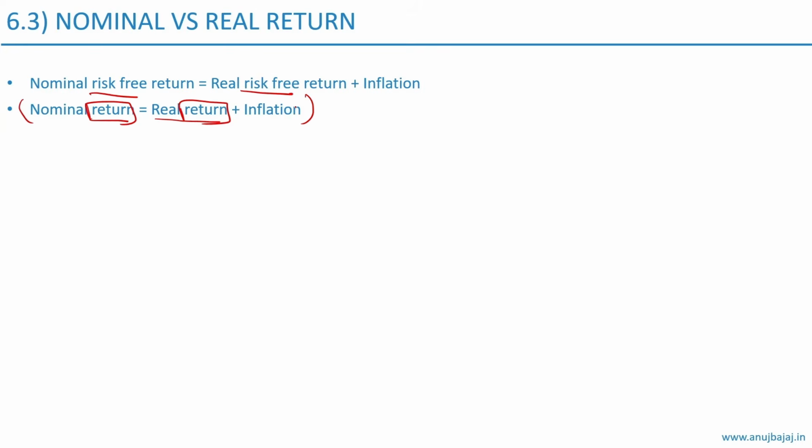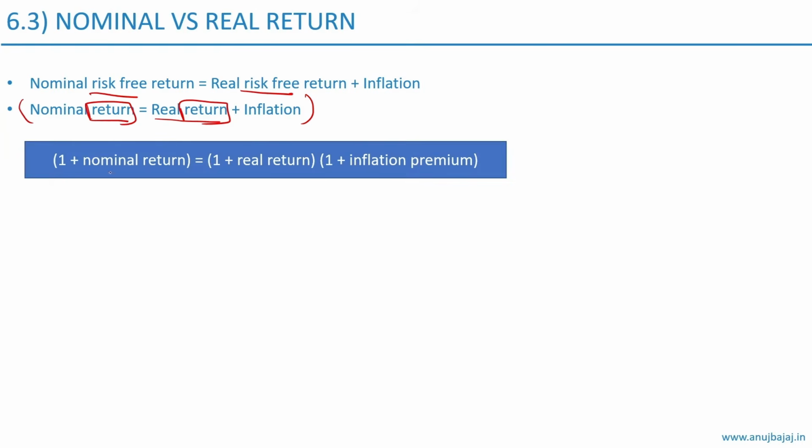The actual formula is 1 plus the nominal return equals 1 plus the real return multiplied by 1 plus the inflation premium. Suppose I earned a return of 12%. This is the nominal return and the inflation is 4%. So the real return that I earned on the investment is 1 plus the nominal return, which is 1.12, divided by 1 plus the inflation premium, which is 1.04.